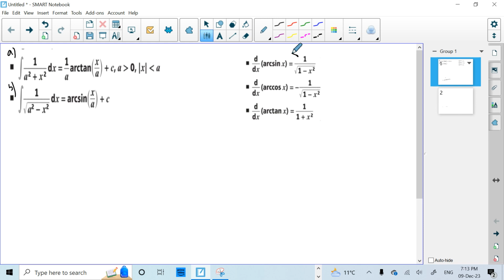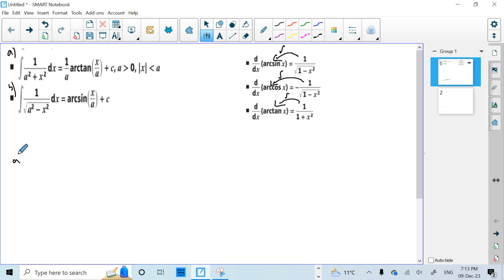Of course, the reverse process of this integration will give you arc sine x, and similarly the integral of that should give you arc cos x, and the integral of 1 over 1 plus x squared should give you arc tan x. And of course all of those are your standard integrals. It's just the reverse process, but we need to be able to show that.